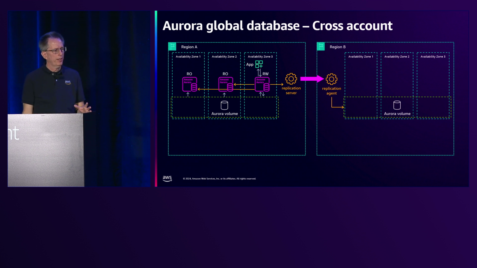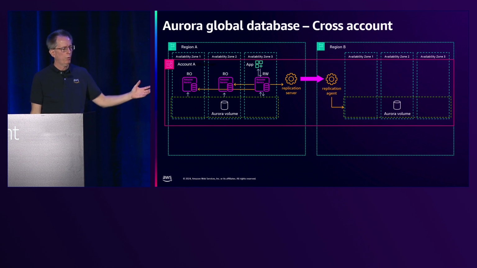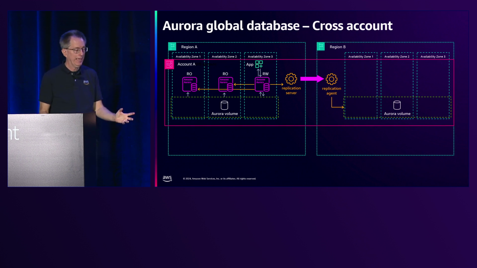Now, another area that I like to talk about is cross-account, which is strictly not really global per se. It can apply to local, but I'm going to show a global database example. So when we have our two regions, everything is set up across one account, account A, right? That's good unless something happens to account A. We don't want to talk about those kinds of scary things, but it can happen.